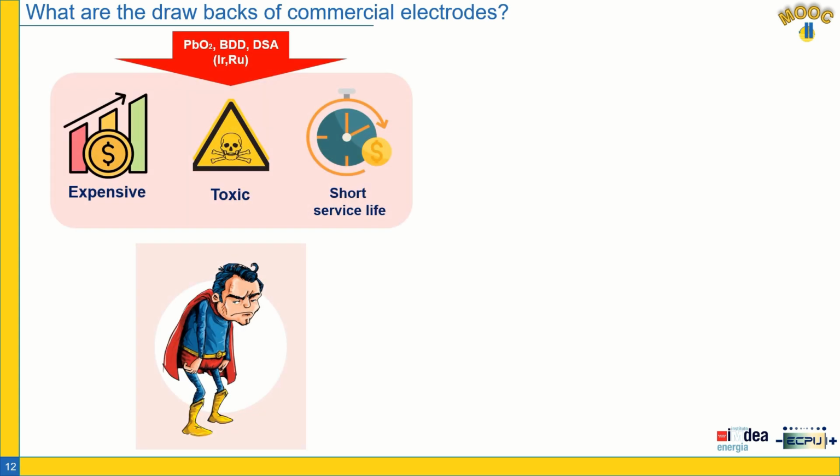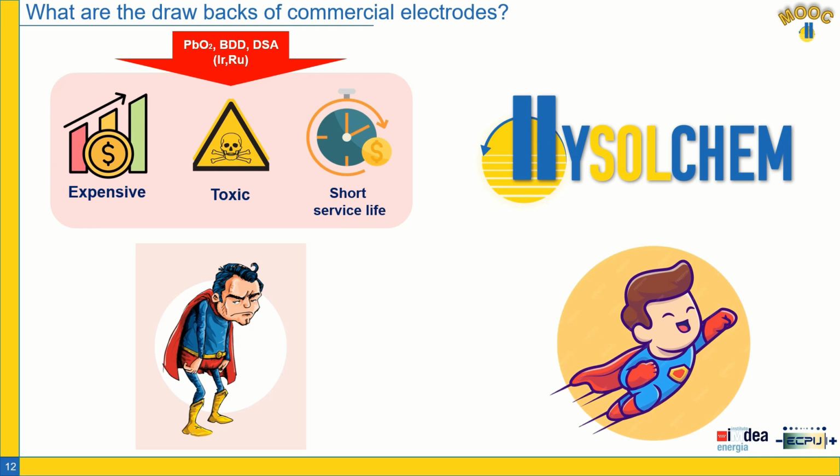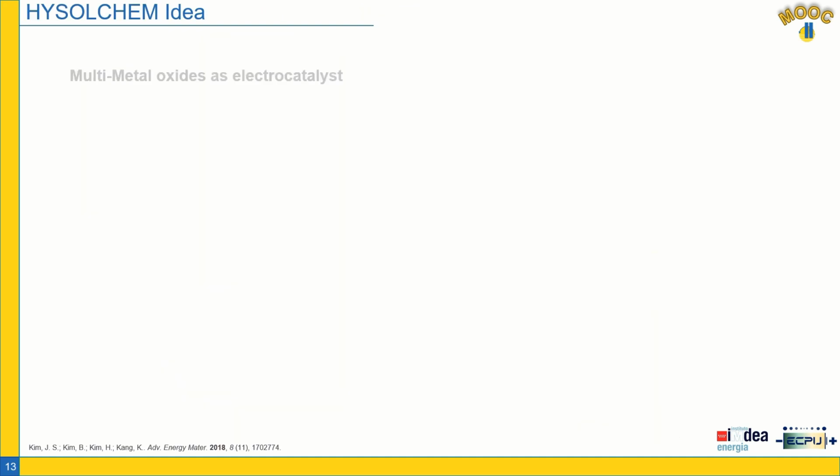Right now, the technology that we are using involves electrodes such as PbO2, boron-doped diamond, and dimensionally stable anodes, usually from iridium and ruthenium, which are expensive, in some cases toxic, and have a short service life. But HySolChem aims to give a new insight to the electrode technology for this reaction.